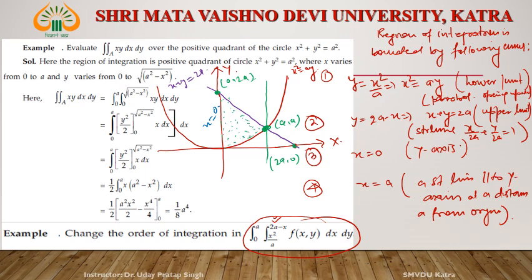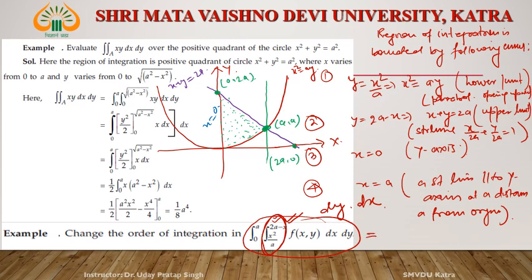Now, what is change of order of integration? See, this integral we have to evaluate first with respect to y, since the limit is a function of x, and then with respect to x.